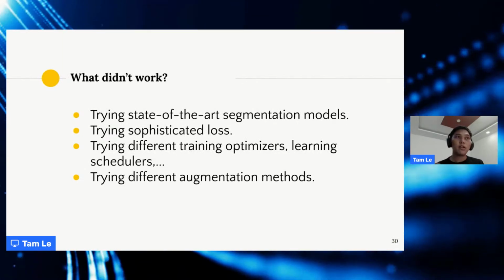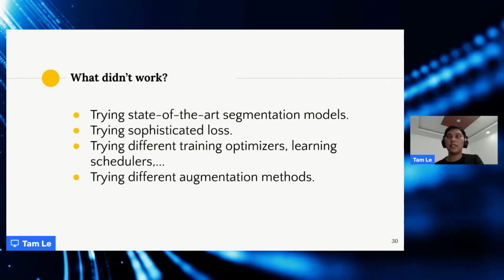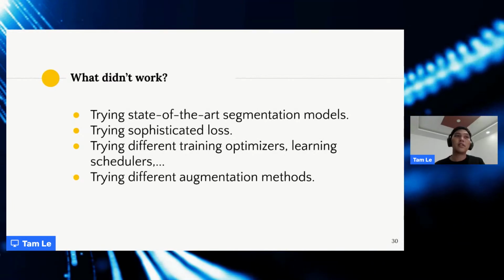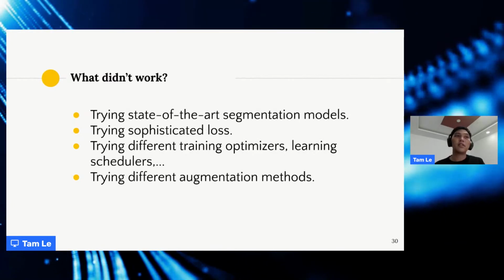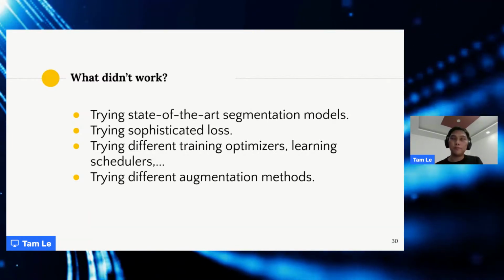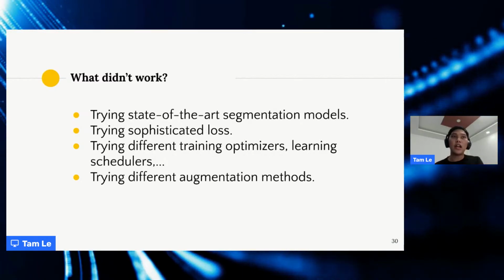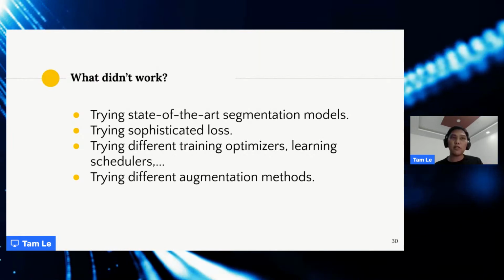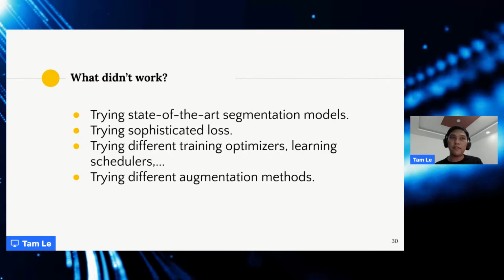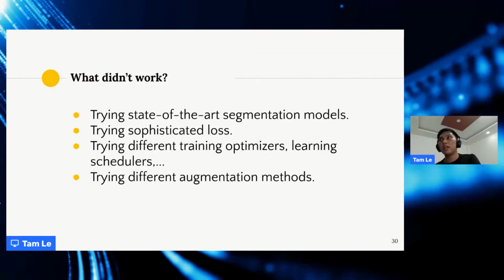What didn't work here is I tried using different state-of-the-art segmentation models, and I found the performance is kind of similar. I tried very sophisticated losses that are proposed to directly optimize the IoU metric, but I found that this kind of loss is very hard to use, and you have to spend so much time fine-tuning to get a decent result.